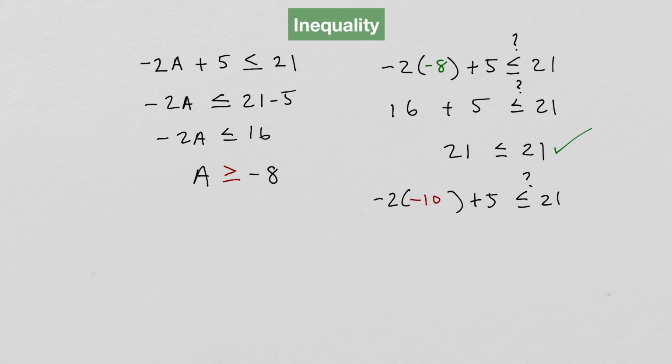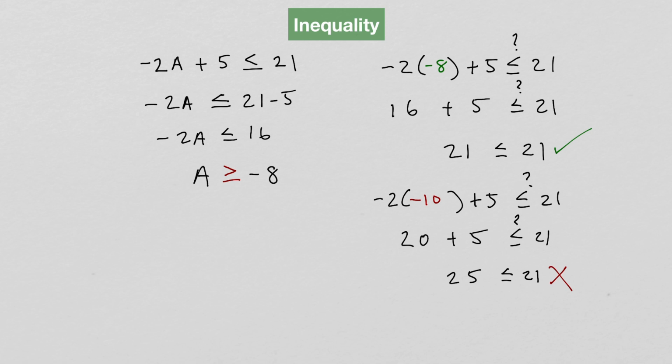When we multiply this out, we get 20 plus 5. Is that less than or equal to 21? You add the two terms together and we get 25 less than or equal to 21. No, this does not work. So whenever you solve an inequality, it's always important to test it to make sure that your answer is correct.